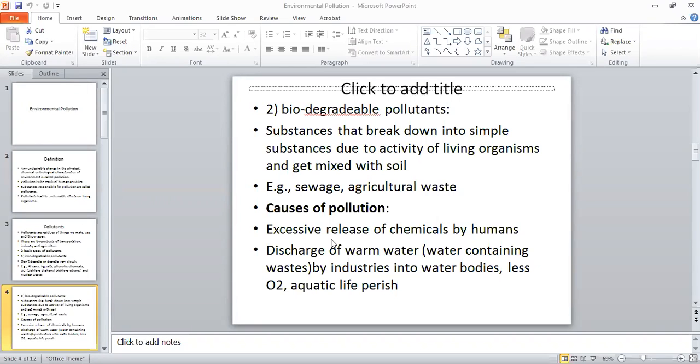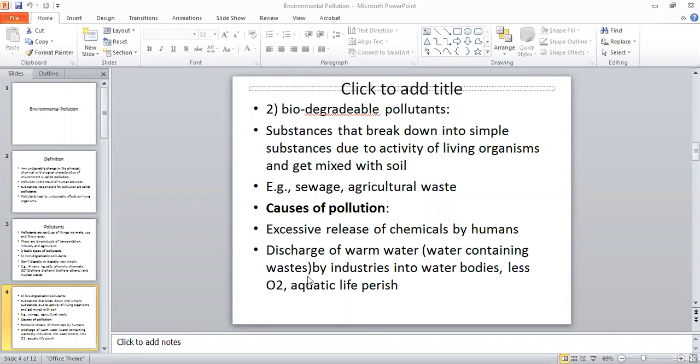For example, discharge of warm water containing waste. Our industries use water, and the unused water contains many different types of substances, plus it is at a higher temperature. When it is thrown into water bodies, it causes pollution.